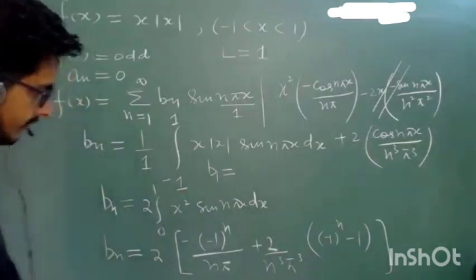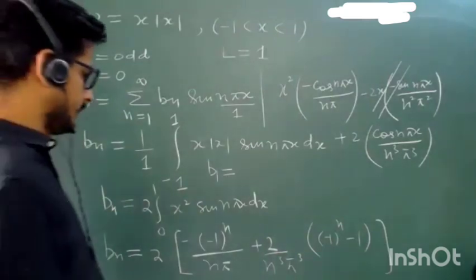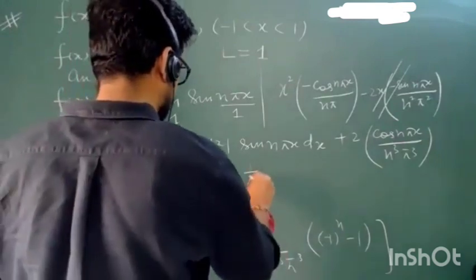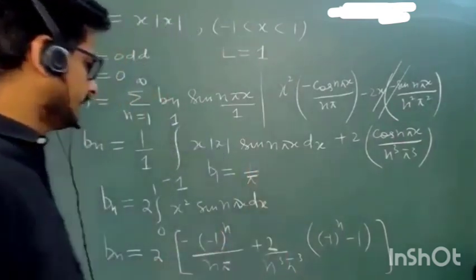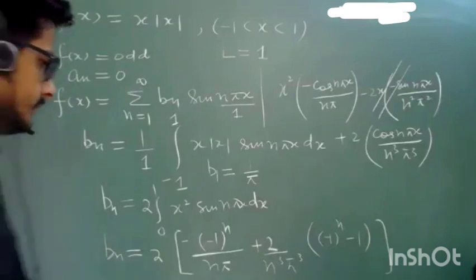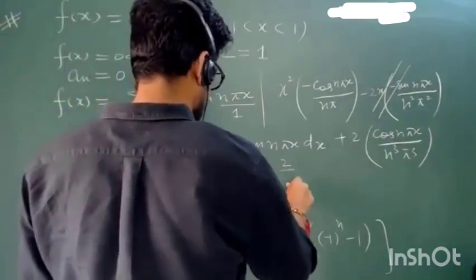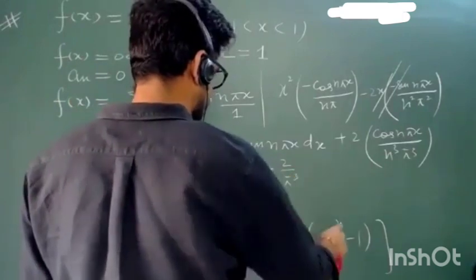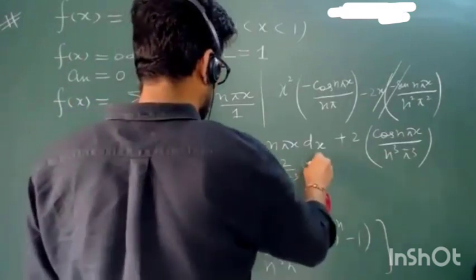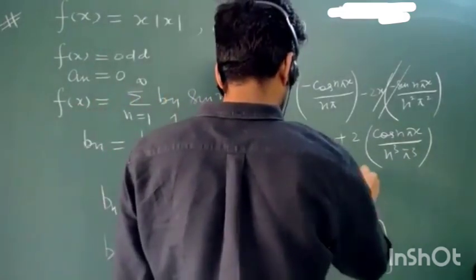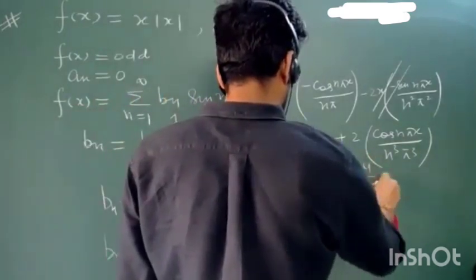What will be the value of b1? This will become 1 by pi if you put n is equal to 1, and plus 2 by pi cube. n is equal to 1 will give this minus 2. So it will become 1 by pi minus 4 by pi cube.